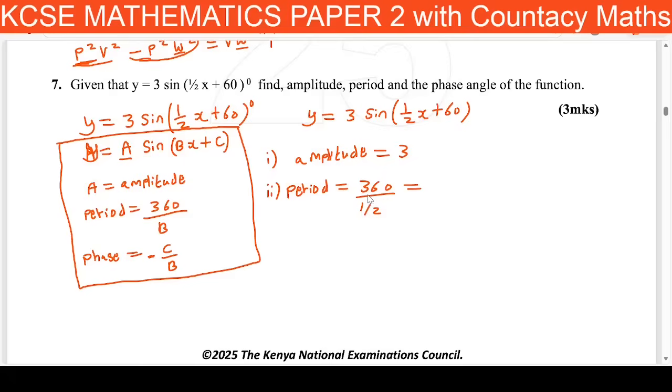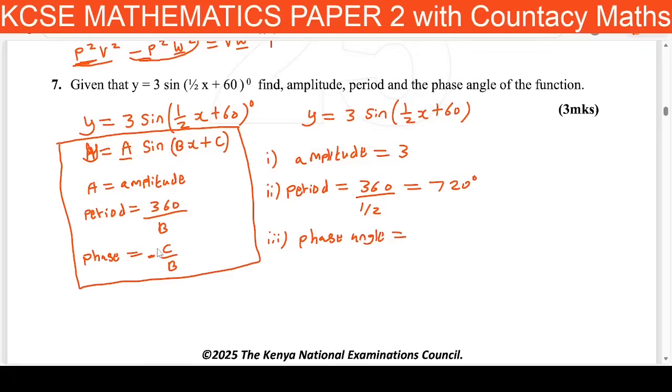I don't know if that is what was in your mind, but that is totally incorrect. Because 360 divided by 2 is what is going to give you 180. But 360 divided by a half is going to give you 720 degrees. And finally, we check out the third part. How are we supposed to get the phase angle?